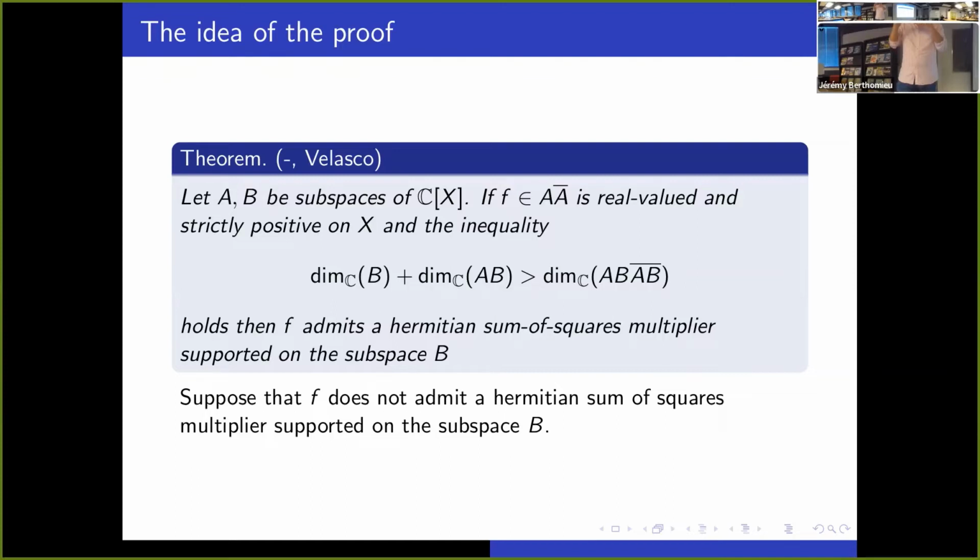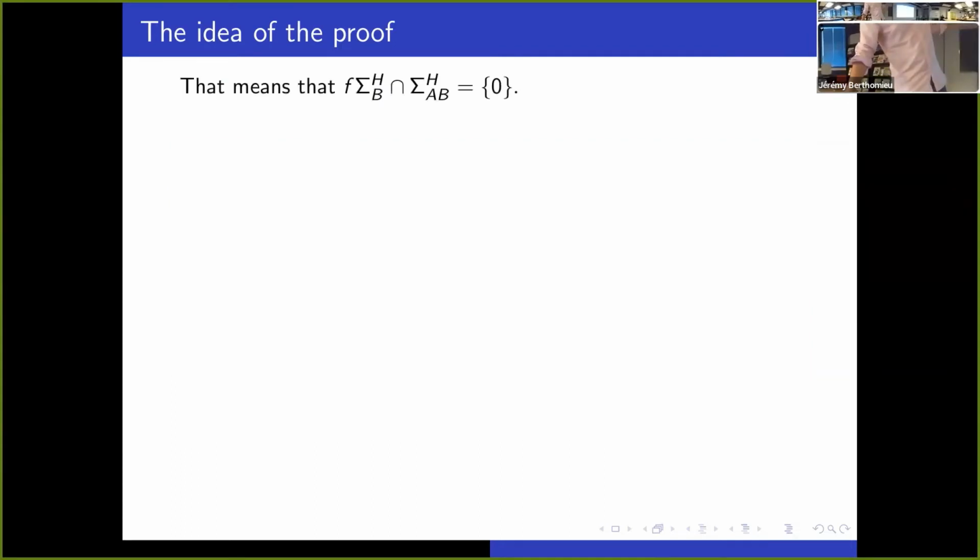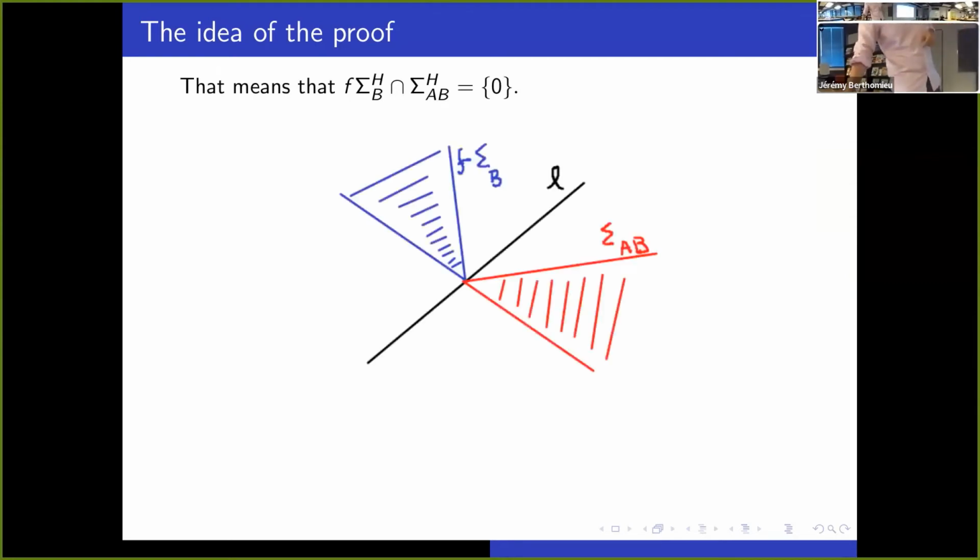Suppose F does not admit the sum of squares multiplier supported on the subspace B. So that means that F times sigma B intersection sigma AB is equal to the singleton 0. And you can see a linear functional between these two cones.